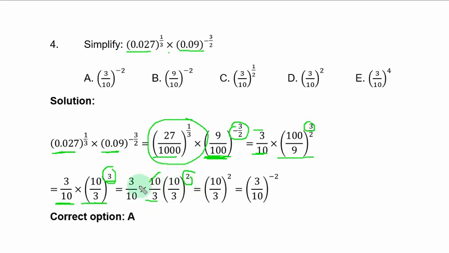So 10 cancels 10, 3 cancels 3. Now, if you check the options very well, this is not there. But the one close to it is this. You can only achieve this by interchanging the position of 10 and 3 to 3 over 10. As you are doing that, the power changes from positive to negative. So A is the correct option.